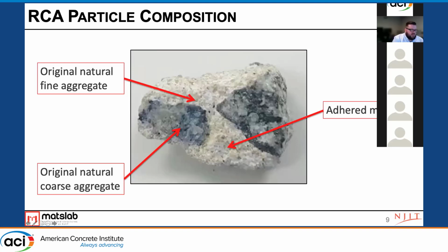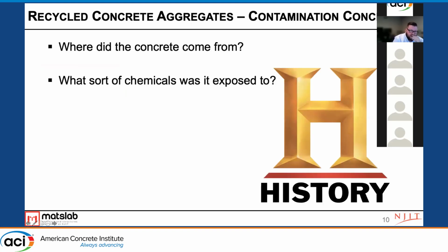And as we all know, that's going to contain quite a bit of calcium hydroxide. And then we also typically don't have a lot of history on where that concrete is coming from, what sorts of chemicals it was exposed to, what other contaminations might be mixed in with that material.